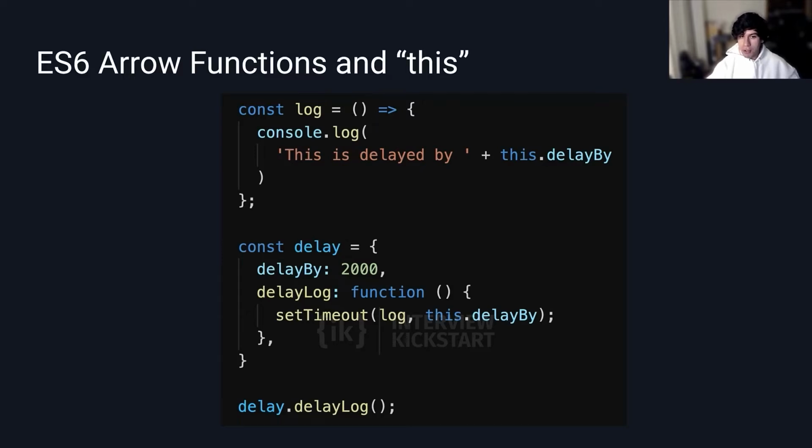Well, remember the golden rule is: when was this arrow function created, and what was the value of this in the outer scope? In this case, the log function was actually created even before the delay object existed. It was created just in the top level scope. Let's say we're just running this in the browser and it was declared globally. Therefore, this just points to the window object. So this is going to print "this is delayed by undefined".